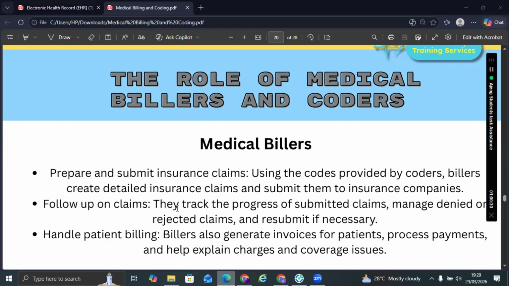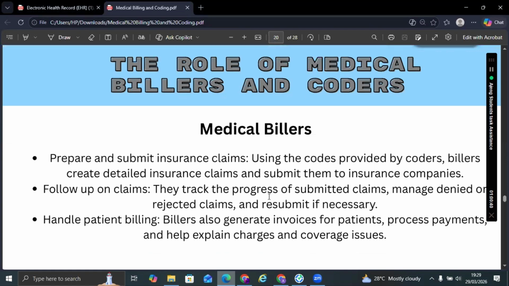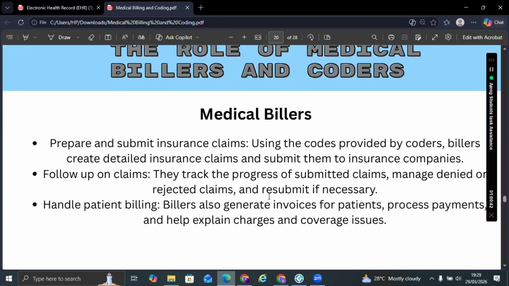They track the progress of submitted claims, manage denied or rejected claims, and resubmit if necessary. And then handle patient billing. Billers also generate invoices for patients, process payments, and help explain charges and coverage issues.